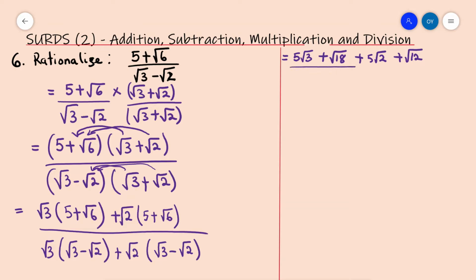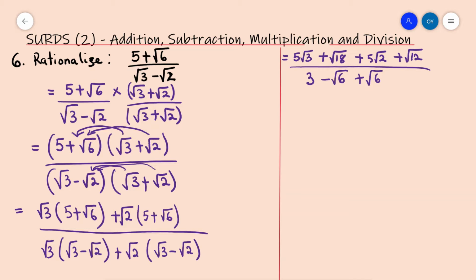All divided by, here we have root 3 times root 3, that would be 3. Remember that, okay? Then root 3 times negative root 2, that's negative root 6. Then plus root 2 times root 3, that's plus root 6.